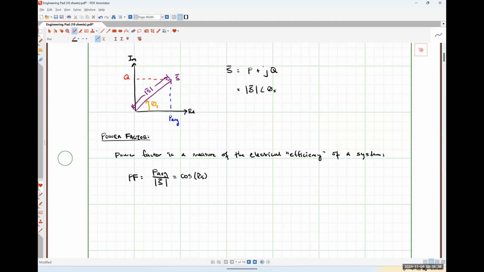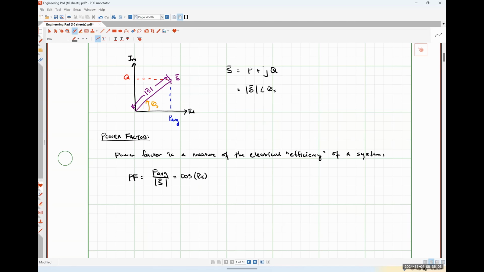That is a loss to the electric utility from a monetary standpoint. So electric utilities would prefer that the power factor is very close to 1, meaning that they're not generating a lot more electricity than is actually needed at any given time, okay?